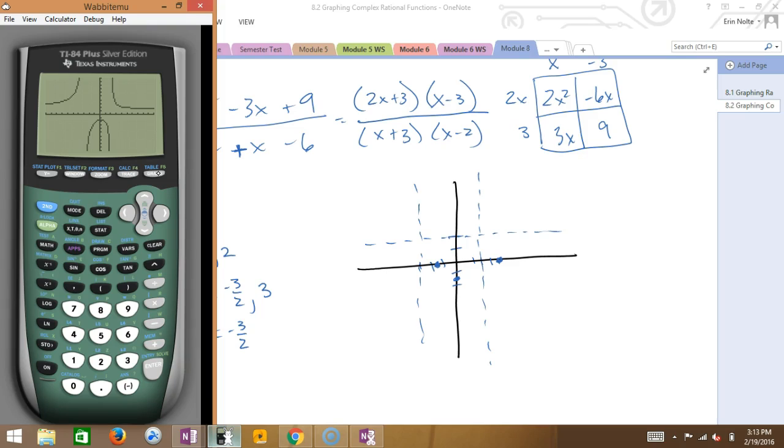We no longer have an hourglass shape. Once you have more than one vertical asymptote, it starts splitting the function. So if I have 2 vertical asymptotes, that means I have 3 different pieces of the function. If I had 7 vertical asymptotes, how many pieces would I have? 8, one more than that. It splits the function apart.